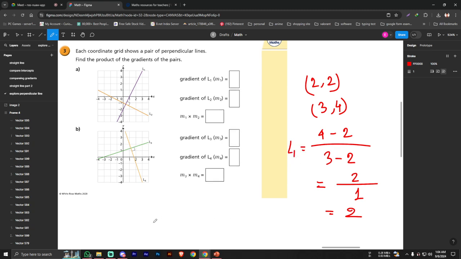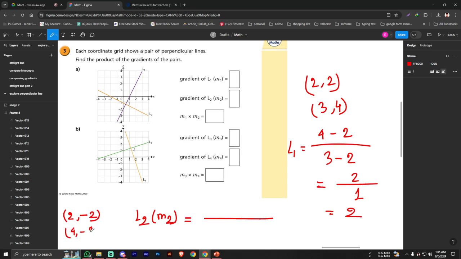Now we need to find L2's gradient, which is M2. Okay, let's take a few points. So the 2 points are 2 minus 2, and another point can be 3. 3 is not good. 4 minus 3. Yeah, you can take that.